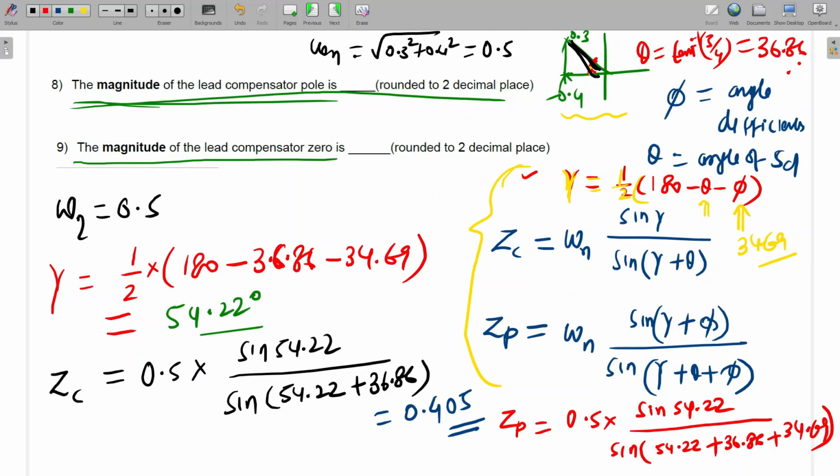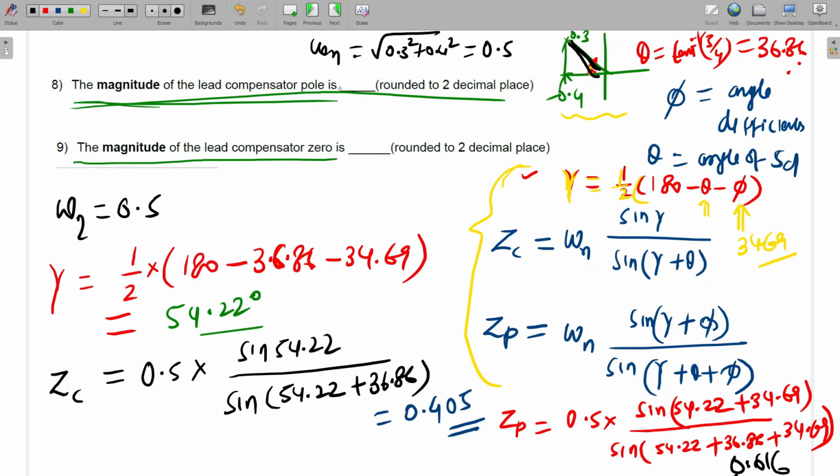Gamma plus phi: 54.22 plus 34.69 gives 0.616. So the magnitude of the pole will be 0.616.